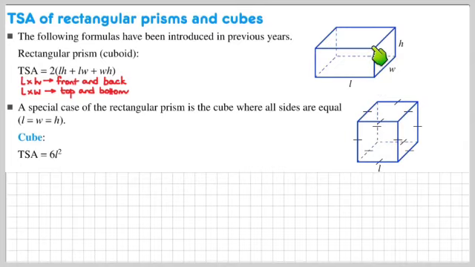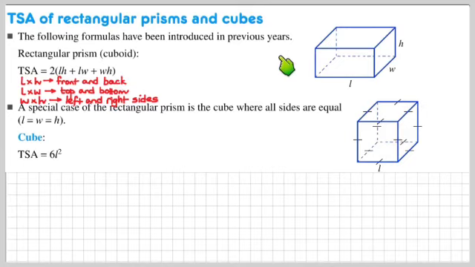So L times W gets you the bottom, and it also gets the top, so there's 2 of them, 2 times L times W. And thirdly, we have the width times the height. That's the width, and that's the height. That's the right-hand side, isn't it? The right-hand side and the left-hand side are both the same as each other, so there's 2 of those. 2 times W times H gets you the left and the right.